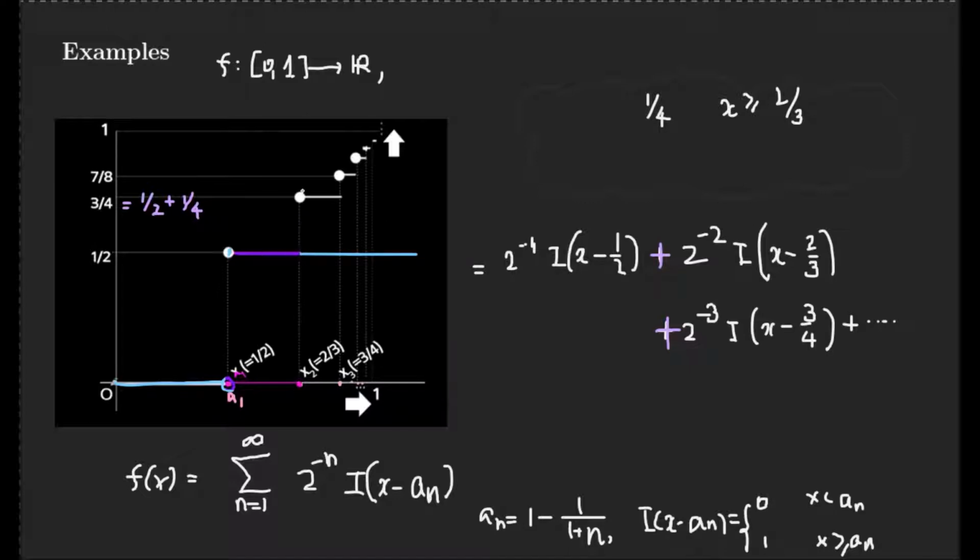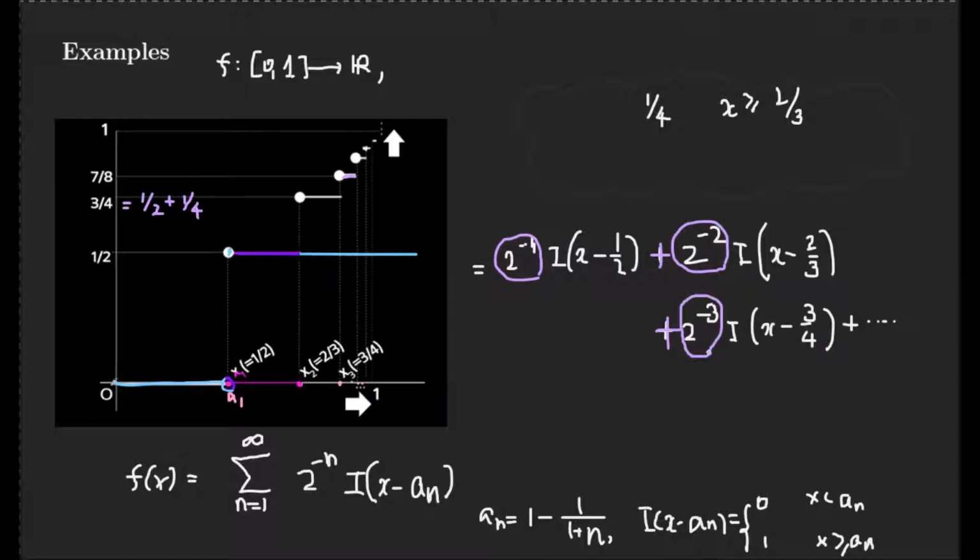Similarly, if we consider this term, if x is more than 3 over 4, this value goes to 7 over 8, because we accumulate this and this.